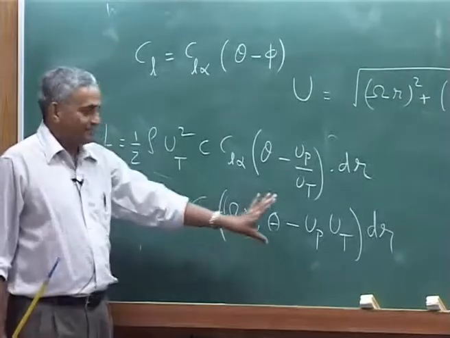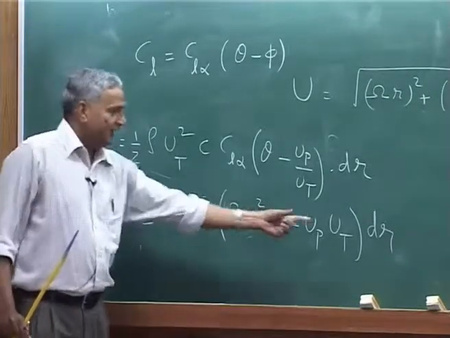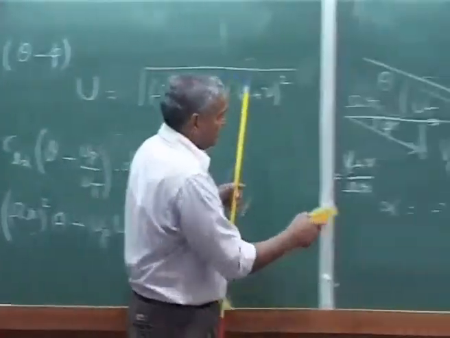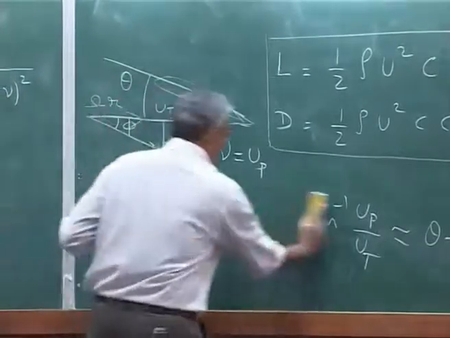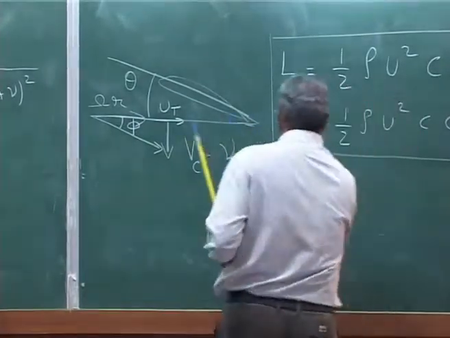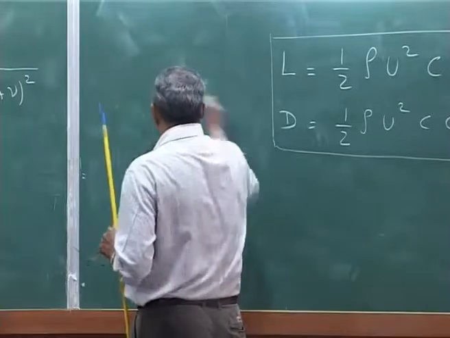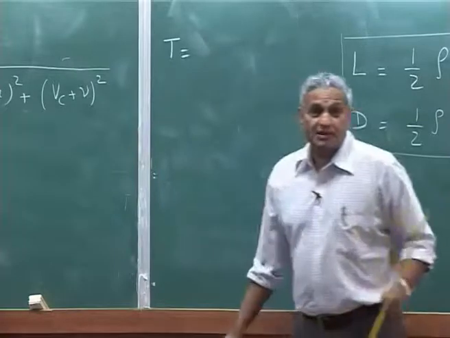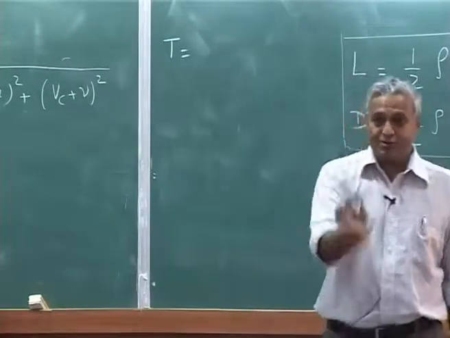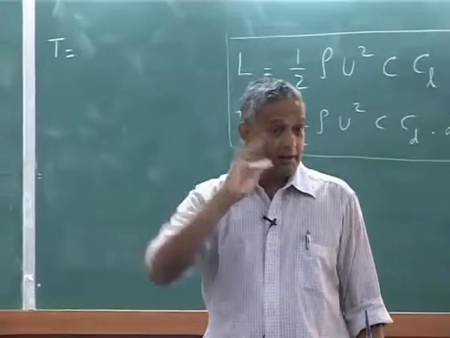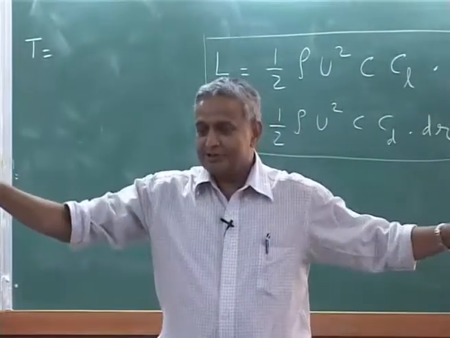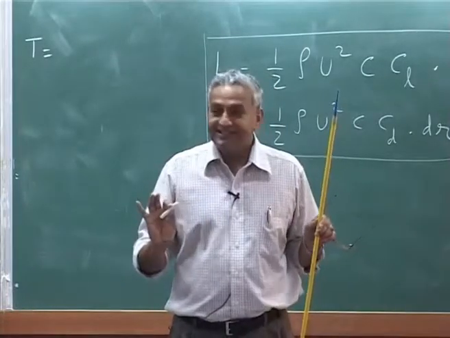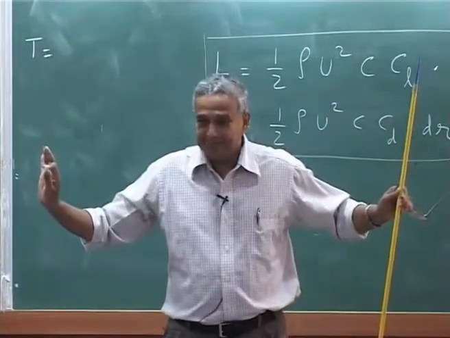Now, this is my lift for an elemental length. If I want the total, I go back. So, I erase this part, okay. Total thrust is total lift that acts on all the blades in the rotor system. That means, I assume every blade in hover behaves the same way, okay.